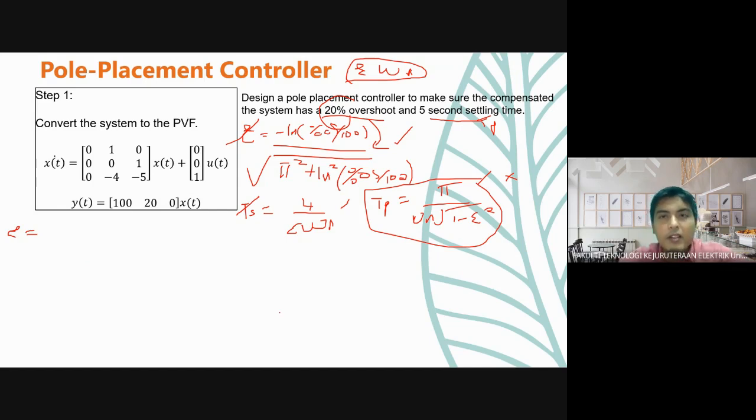So what is the answer? If you plug in 20% to this formula, negative ln of the percentage overshoot divided by 100.